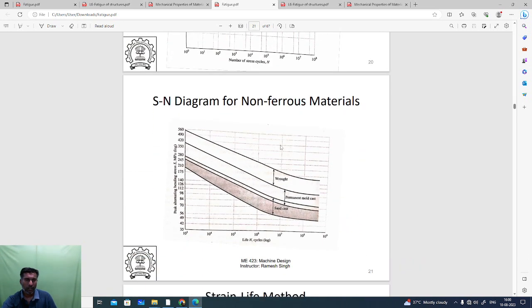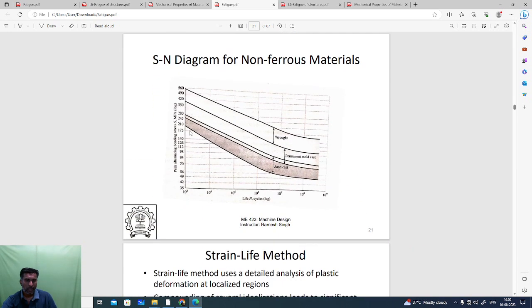That is the S-N diagram for non-ferrous materials. See the difference. Sand casting has very few cycles and a lower stress value, getting more life. For permanent mold casting, the stress range is 282 up to 420.